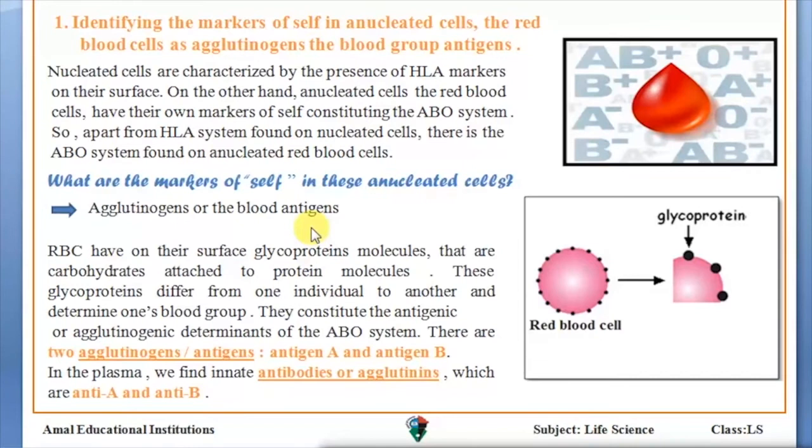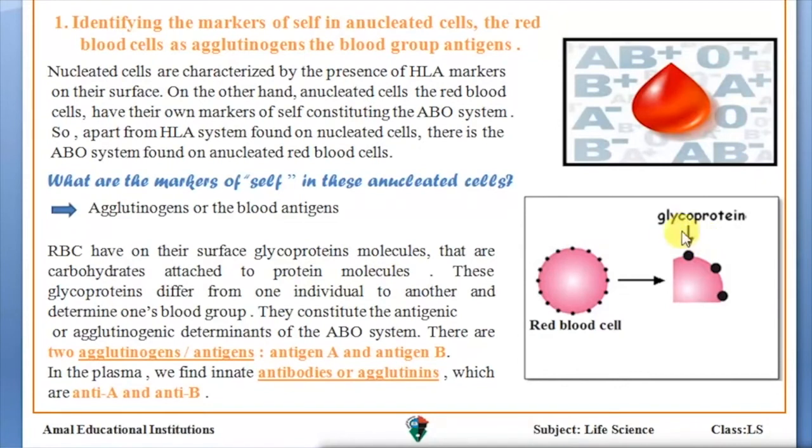Now, where do we find the blood antigens or agglutinogens? On the surface of the red blood cell, on the membrane, we're going to find certain molecules which are called glycoprotein molecules. They are carbohydrates attached to protein molecules.